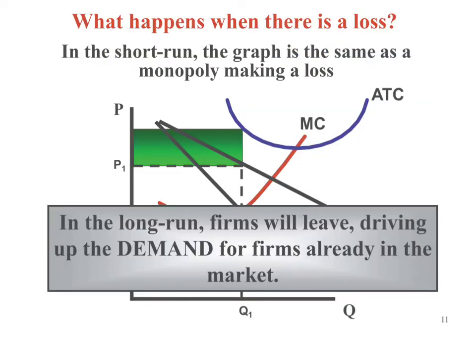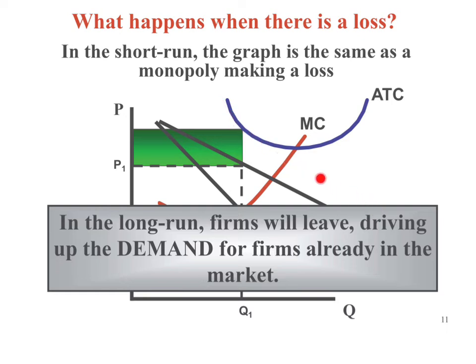So in the long run, we're actually looking at what happens when firms leave because of losses. In this case, we're looking at a monopolistic competitor, say this is Mateo's Jeans, and there are serious losses. As a result, some firms that are in the jean business are going to leave. When they leave, this is going to benefit Mateo.